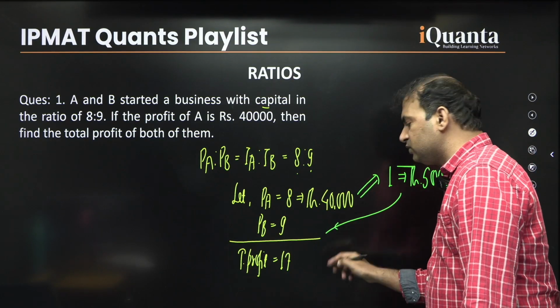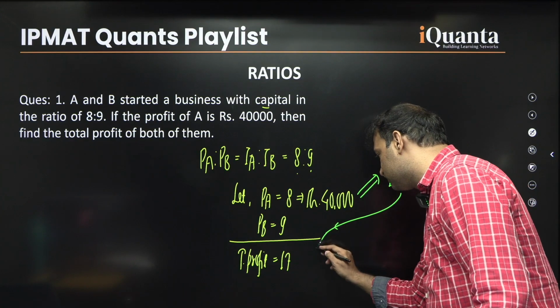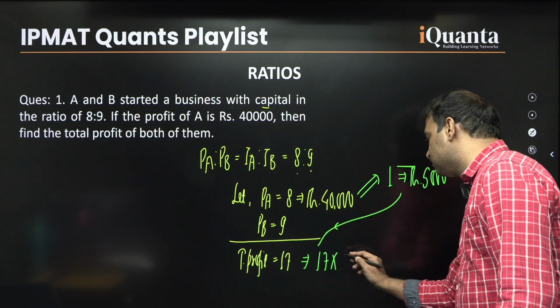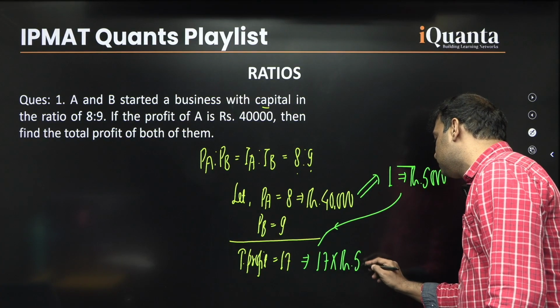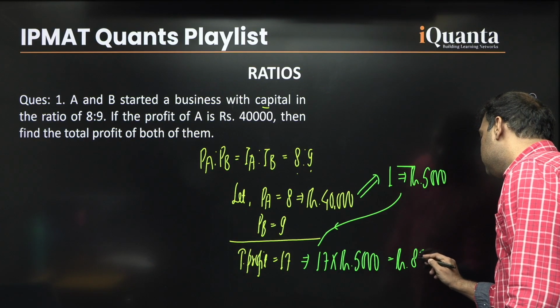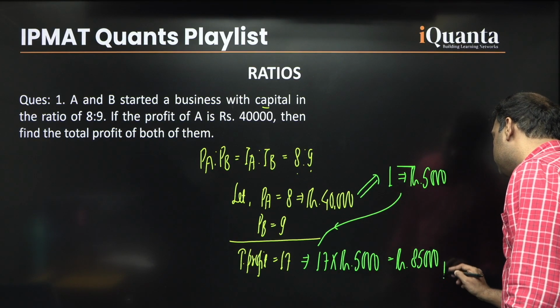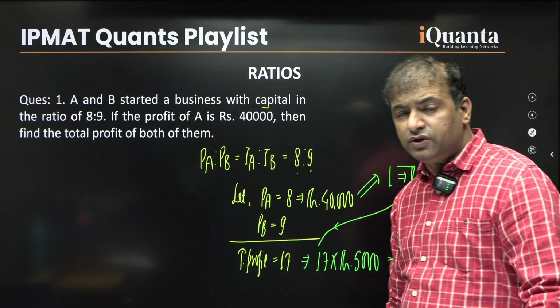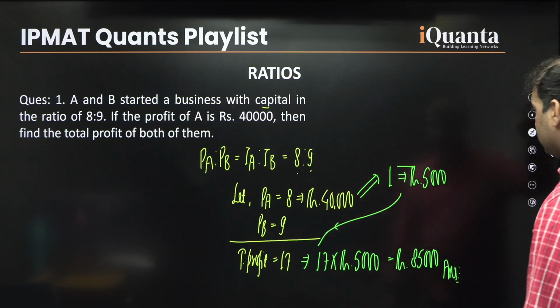Again, guys, we'll use the unitary method, obviously. If 1 is 5,000, then 17 has to be 17 into rupees 5,000. Now, what is 17 into 5,000? We shall say this has to be 85,000, right? So this is how we can find the sum of their profits in this particular manner, right? Good question, guys. I hope you guys enjoyed and learned something.